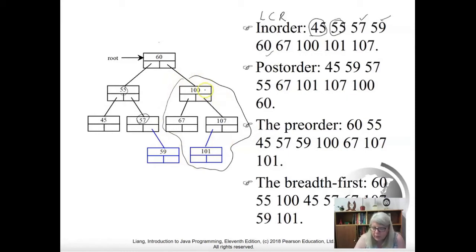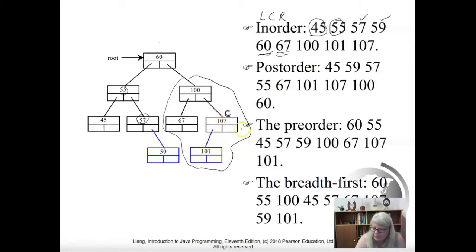So left, and so the 60 was done before we started with a new tree. Left until you can go no further is 67, then current, and now we do right. But if we go right, that right becomes our current, and we first go left again before we go up to that right.